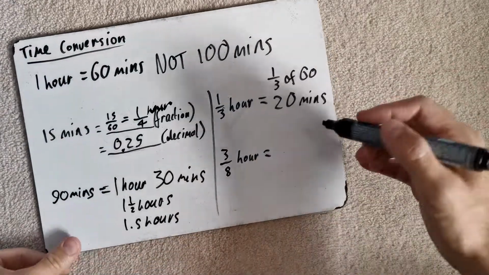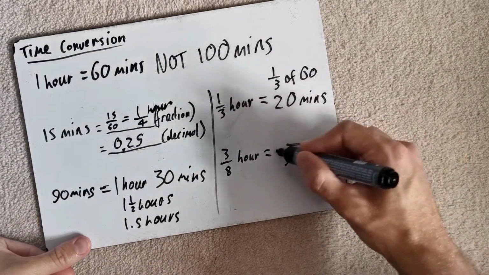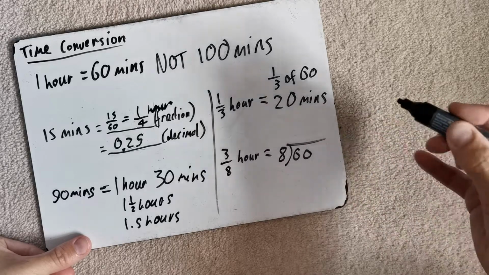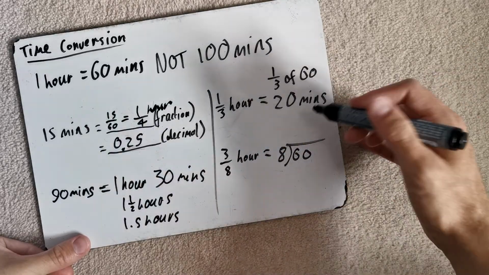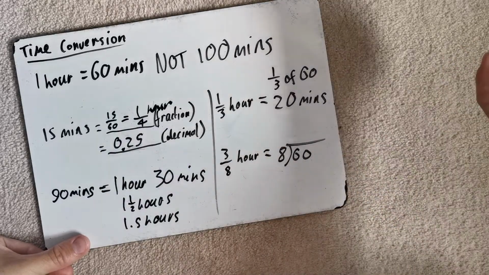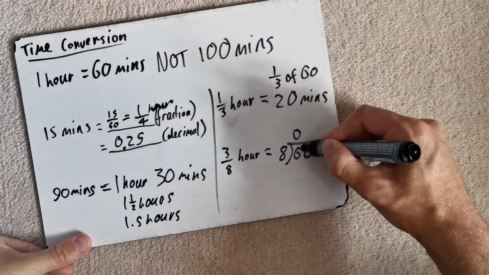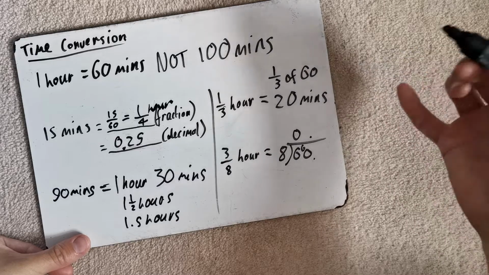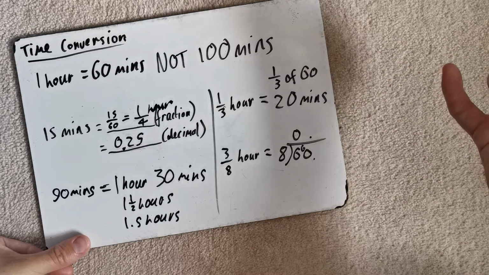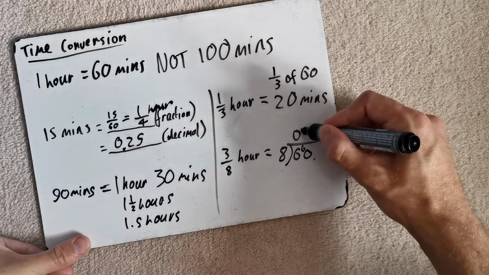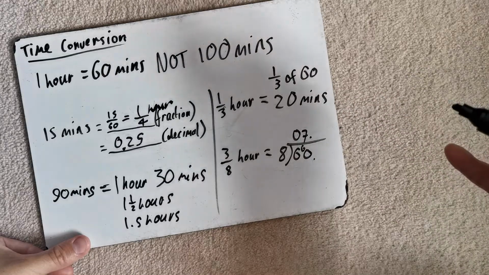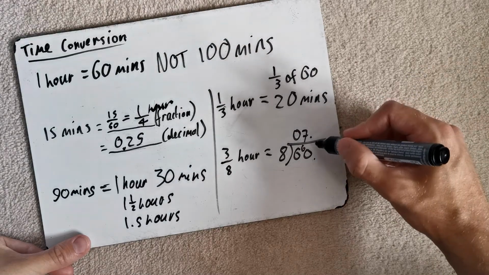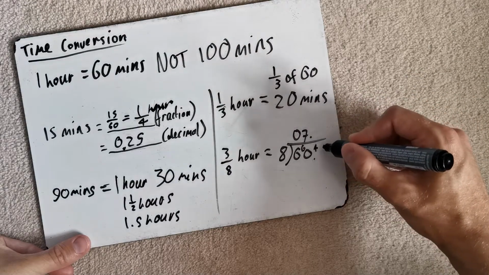3/8 of an hour. Okay, so if we were to divide that 60 by 8 to get 1/8 of an hour first, 8 into 6 goes 0, remainder 6. 8 into 60 goes 7, with a remainder of 4.